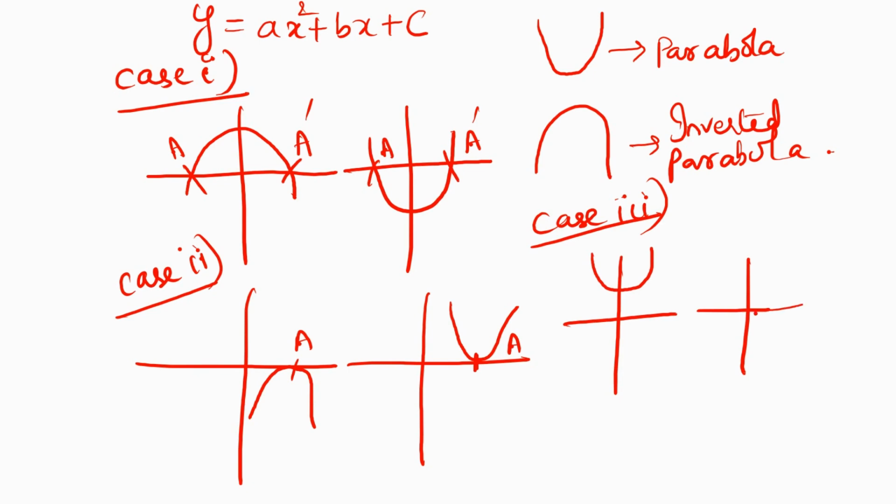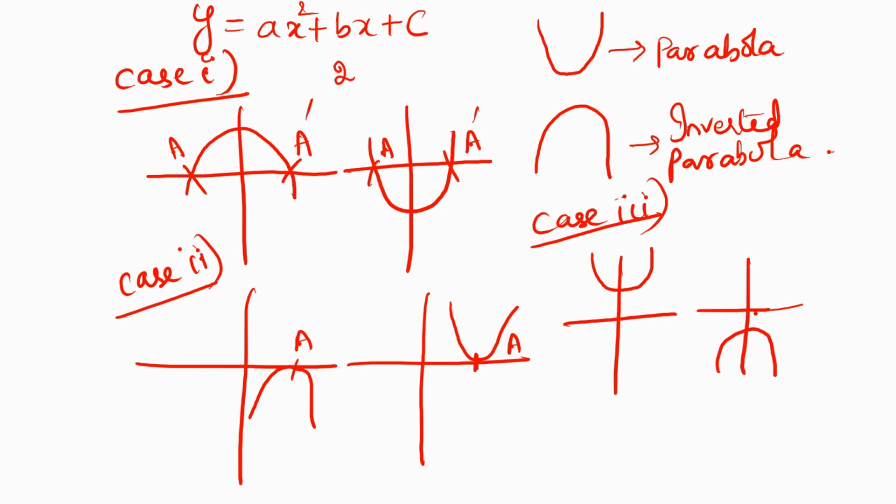And for the third case also, you can see both the shapes. In the first case, you can see that the x-axis is cut at A and A dash in both the cases. That is, the maximum number of zeros here is 2.